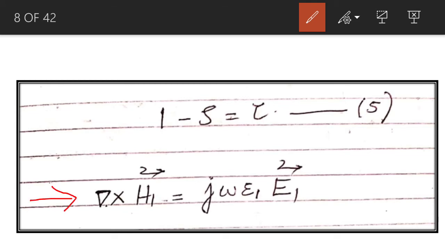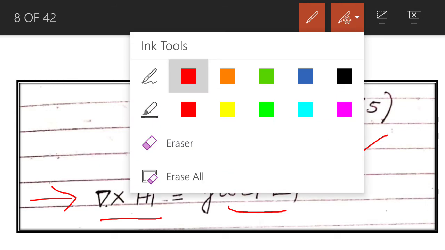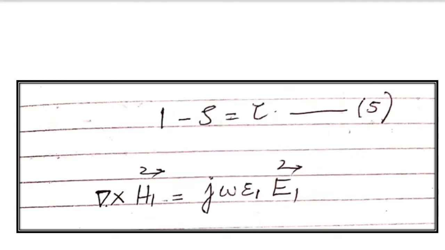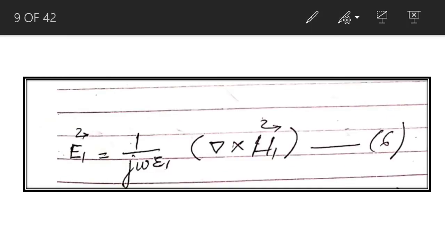This equation states that the curl of the magnetic field intensity in medium number 1 will be equal to j omega epsilon 1 into E1, and we can calculate E1 from this particular equation. So E1 will be equal to 1 over j omega epsilon 1 multiplied by the curl of the magnetic field intensity in medium number 1.